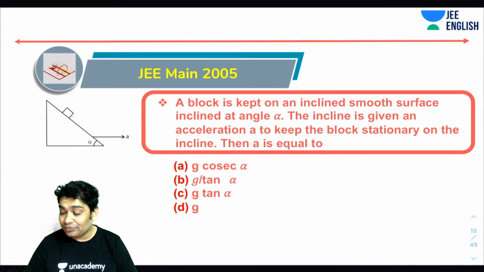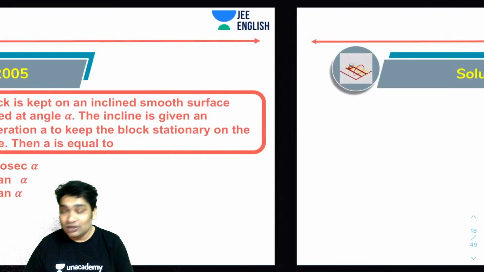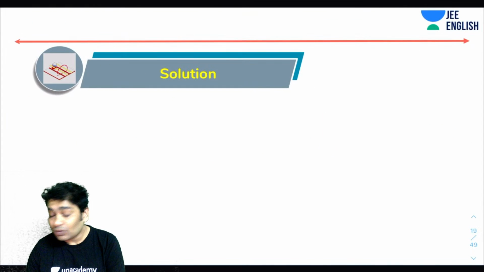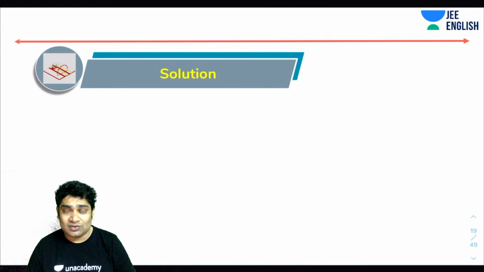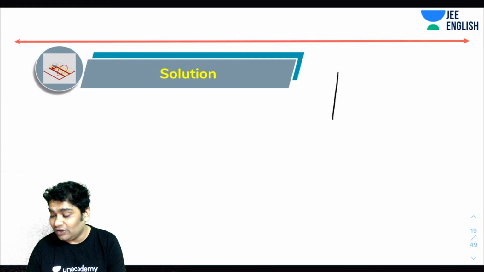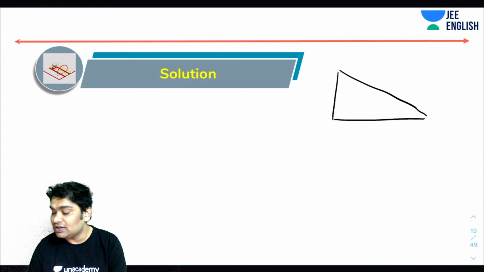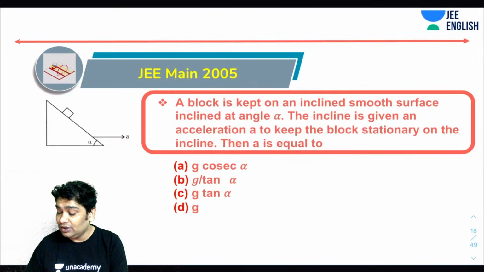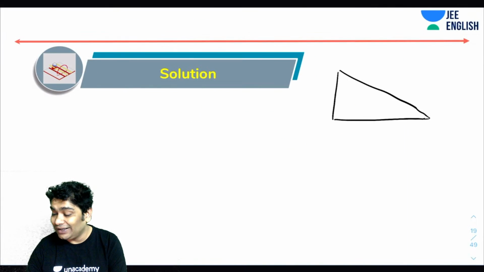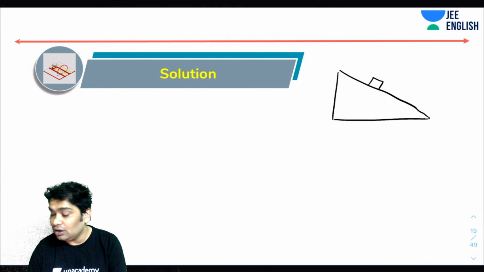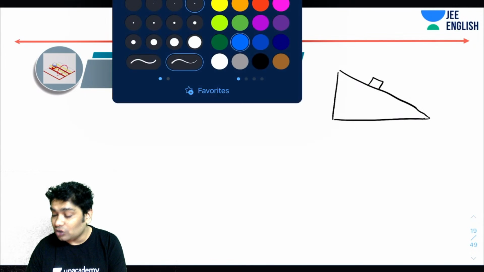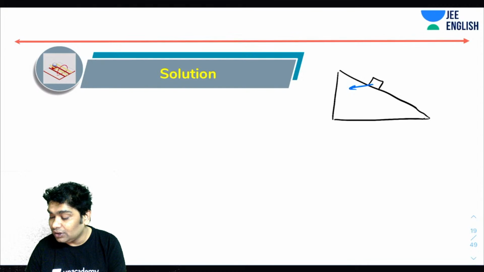Okay, so Suraj says, let's see. This is very simple. There are many ways to solve this. One way is to solve it in the reference frame of the wedge. Since the wedge was moving forward with an acceleration a, you will see an additional force of ma acting on the block like this.